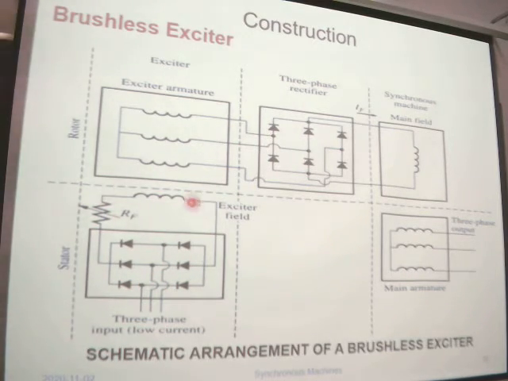The DC current for this AC generator comes from another three-phase source. So there are three sources. This source powers this generator to generate current, which powers this part to generate the flux.